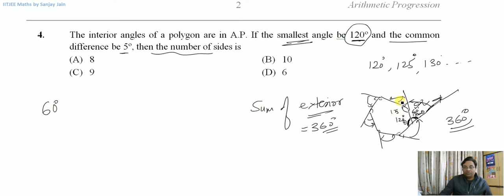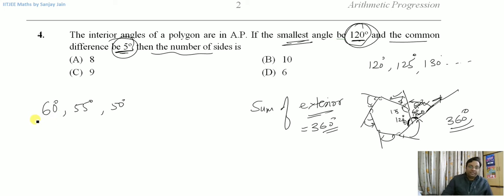And what is the common difference? If I am talking in terms of exterior angles, one angle is 60 degrees, another angle is 55, right? The next angle will be 50 degrees, because in case of interior angles, I have to increase each angle by 5 degrees starting with 120, and in case of exterior angles, I have to decrease each angle by 5 degrees.